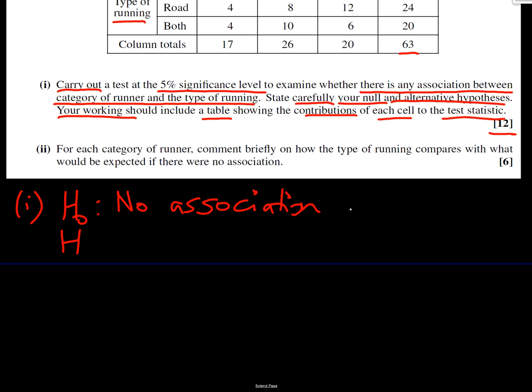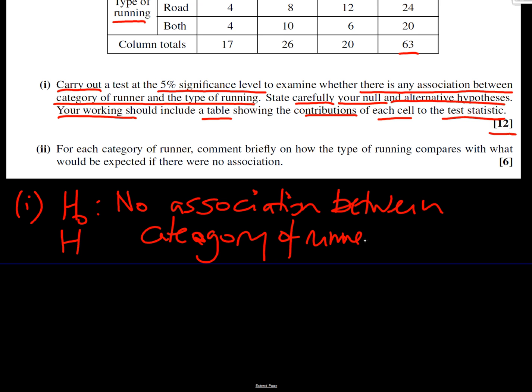It's no association between category of runner and type of running. So that's where we're starting from.